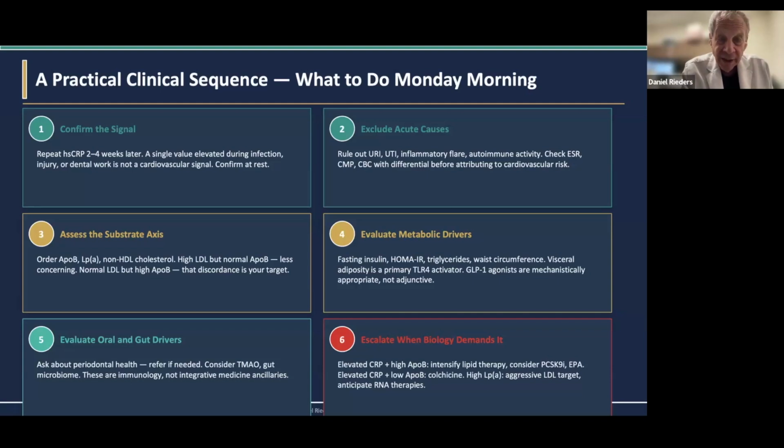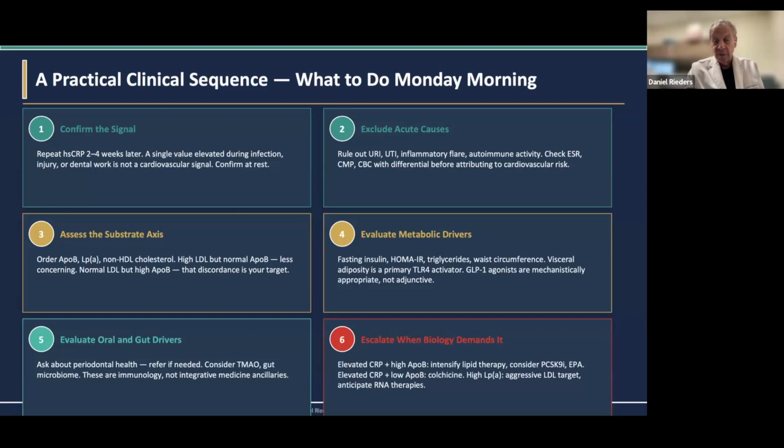We figure out what's going on. We start being a little more scientific about this, and we evaluate for metabolic drivers. And then we look at the mouth and the gut, send people to the dentist, make sure they're brushing the gums and the teeth and using a water pick type device.